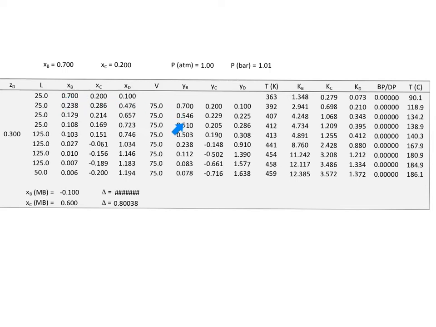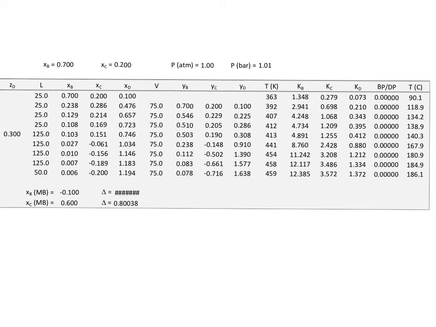But after that, they're all calculated based on a component mole balance. Then the liquid composition is based on equilibrium with the vapor phase composition. So for instance, XB, the liquid composition leaving tray 1, is YB divided by K.